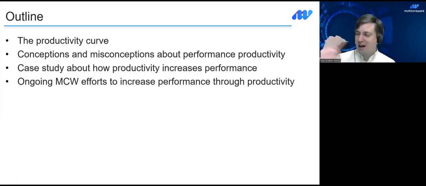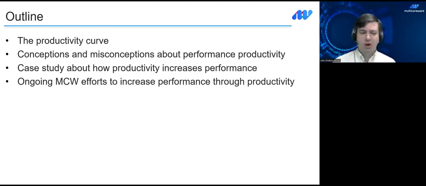As a high-level outline of what we're going to do, I'm going to start by introducing something that I call the productivity curve, which is less of a technical piece of content and more a framework for understanding how the performance of a software system and the productivity of developers interact and relate to each other.